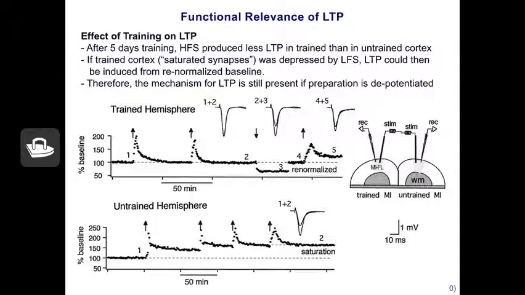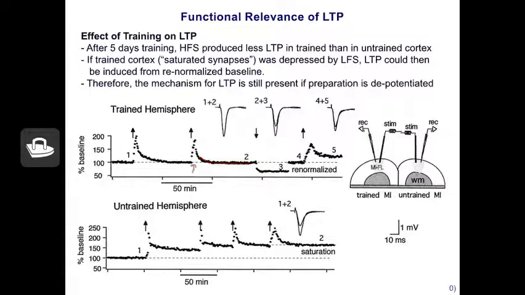In the top graph, you can see what happened when they applied tetanic stimulation in the trained cortex. Tetanic stimulation right here. The stimulation did not produce LTP in this rat. Then they even did it a second time, and it still did not produce potentiation.